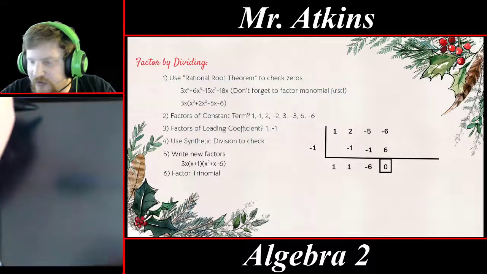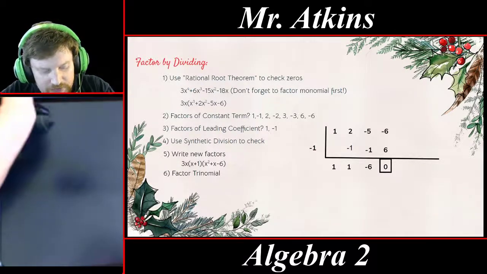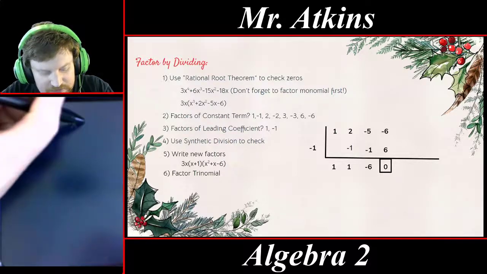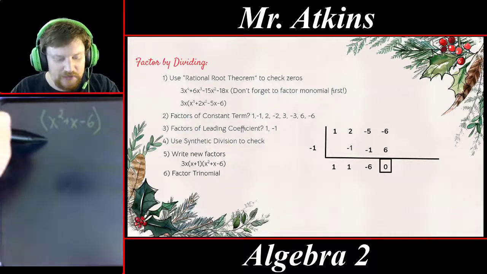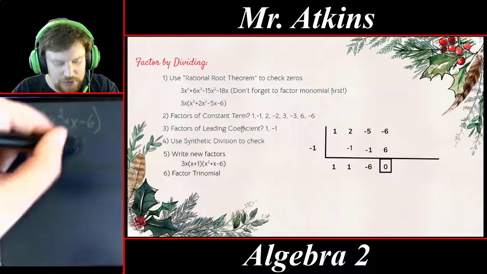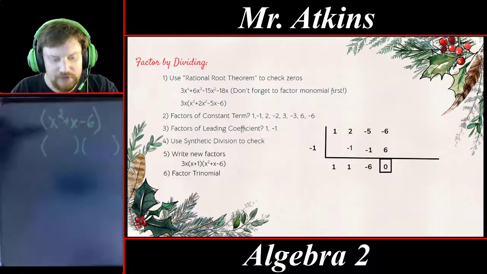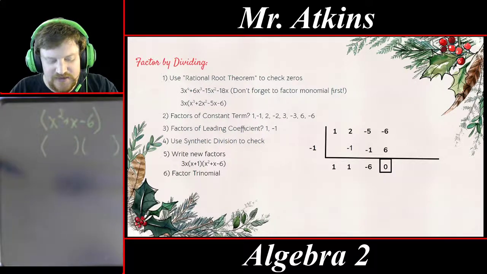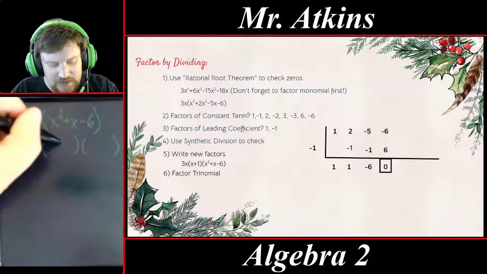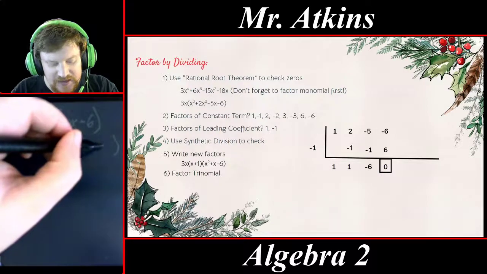Using our rules for factoring trinomials, we have x squared plus x minus 6. That's going to factor into 2 binomials. Since our last number is a negative number, that means one is going to be positive, one is going to be negative.